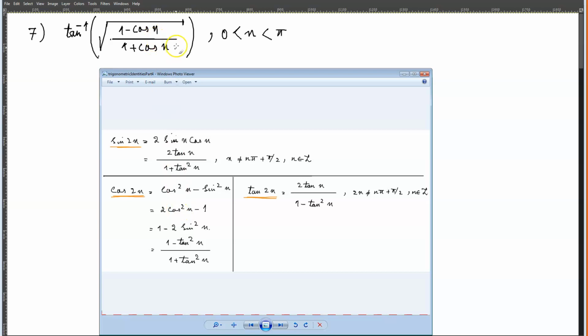That would be something that you could use here. And then 1 minus cos of x, you can write it as 1 minus cos of x.